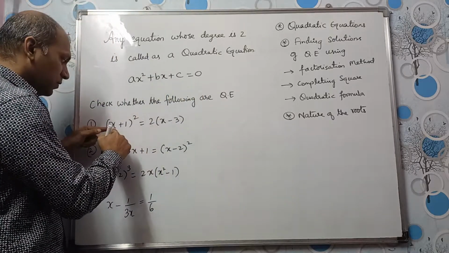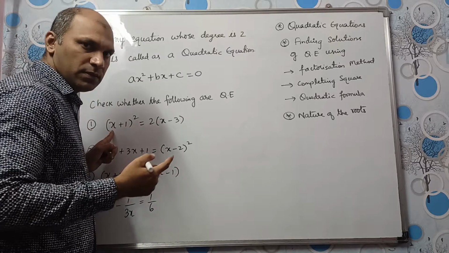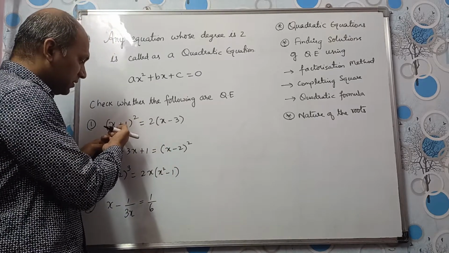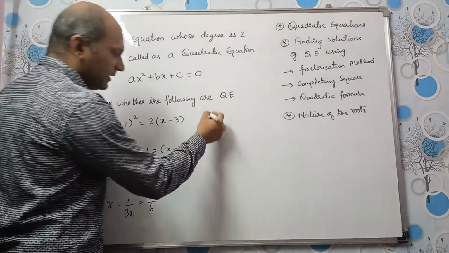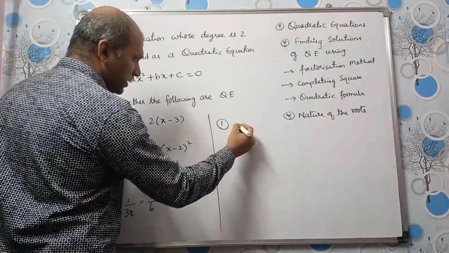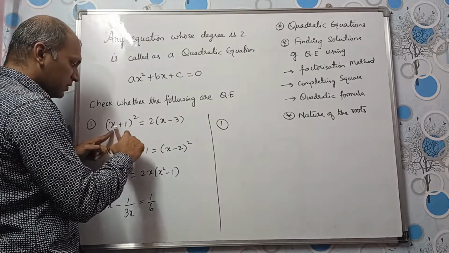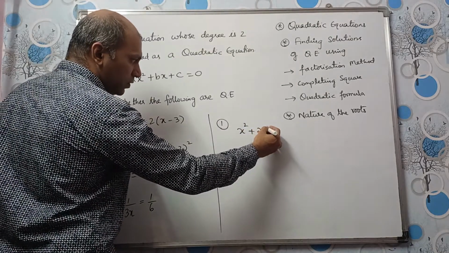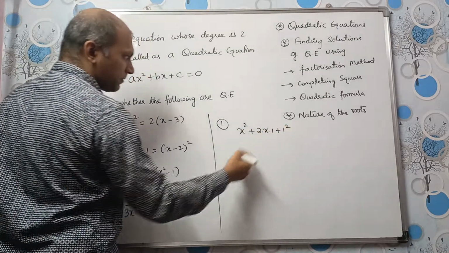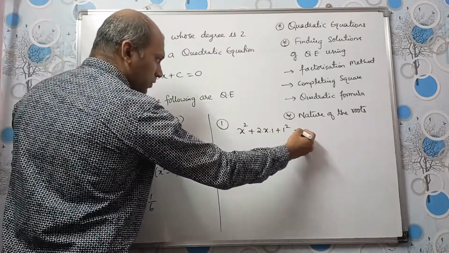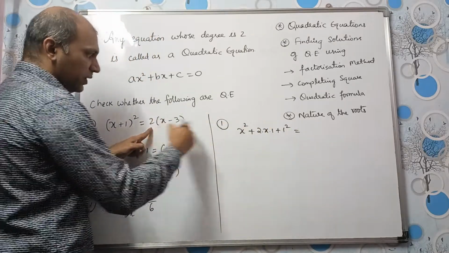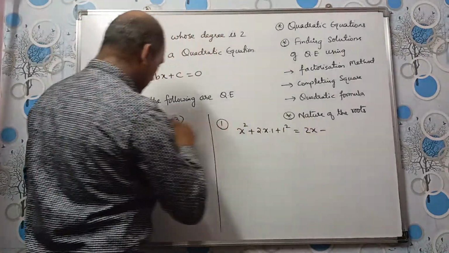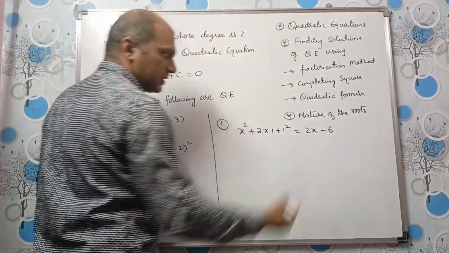So x plus 1 whole square is an expansion, the a plus b whole square formula. Let us solve the first one. If we expand this using a plus b whole square, we have x square plus 2 into x into 1 plus 1 square, equal to, multiplying this, 2 into x is 2x minus 2 into 3 is 6.